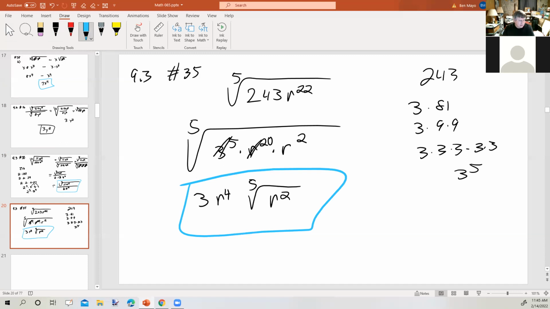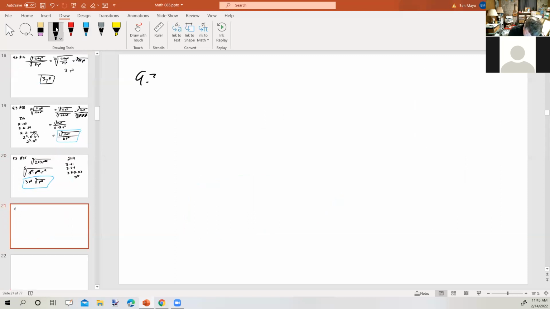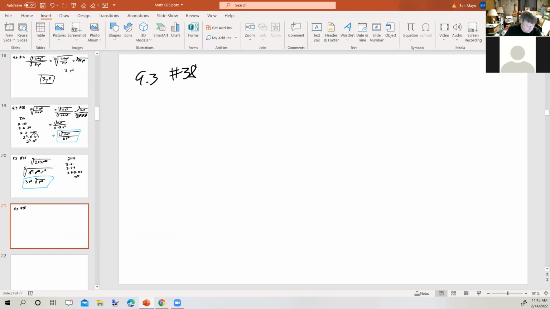Okay, and then 38. Let's see here. 38 says, simplify each expression. If possible, the variables represent a positive real number. This looks like the ones we did for the other student.